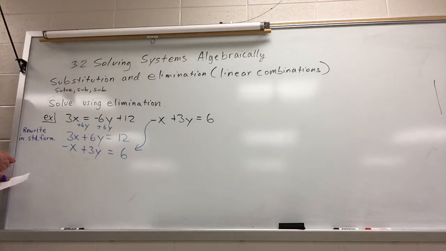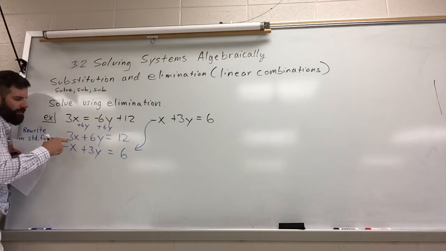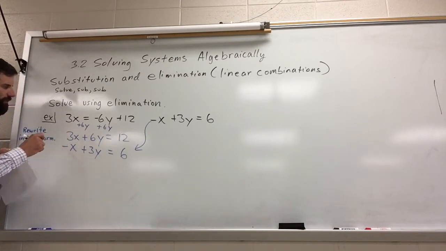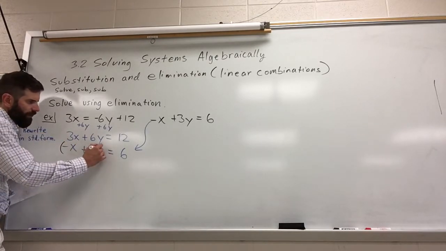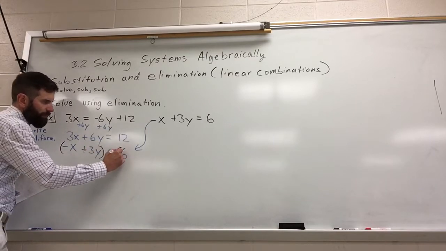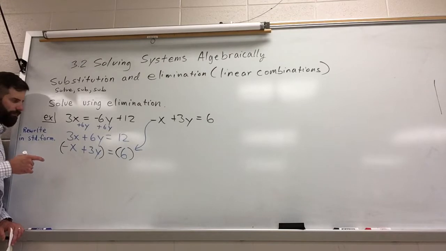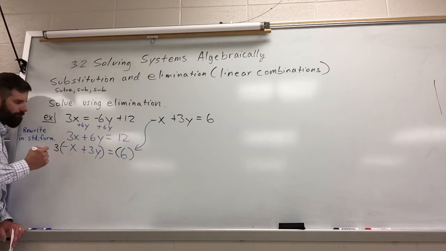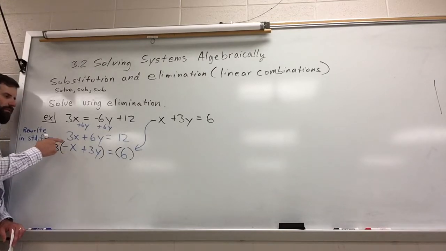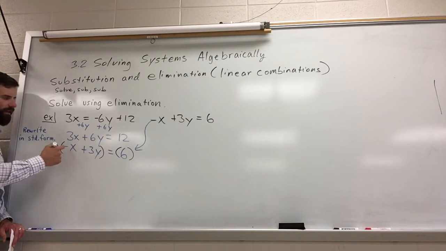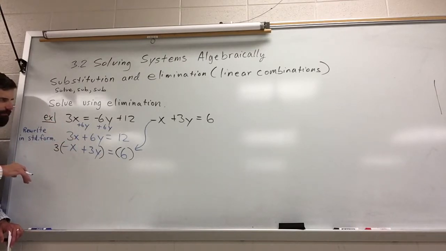What I'm tempted to do is, because these x's, one's positive and one's negative, if I were just to multiply this equation here by a 3, that would give me a negative 3x, and then when I added the x's, they would eliminate.